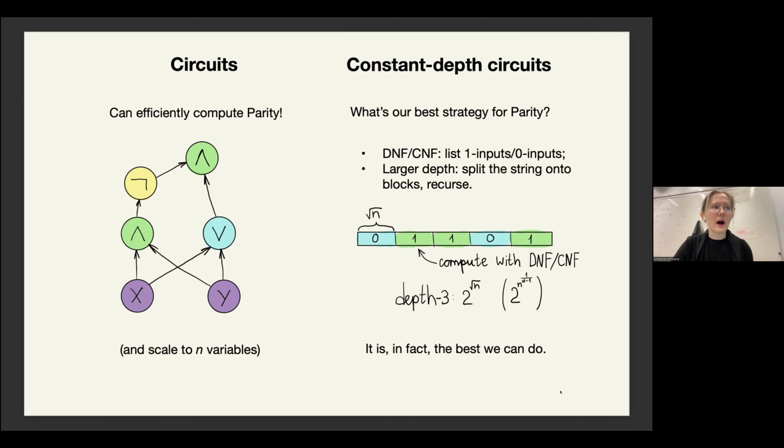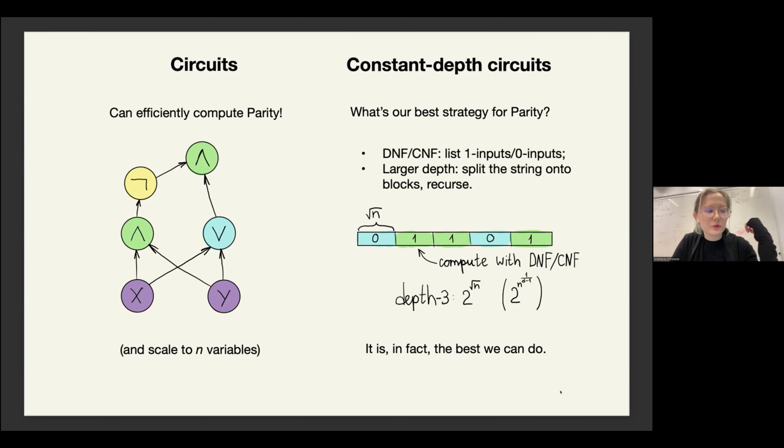I want to try every possible combination of values in the blocks such that they give us the right parity of the whole string. So I iterate over all of these values in the blocks. And for each block, I can compute if the variables in the block give me the right value with CNF or DNF, like with depth-2.